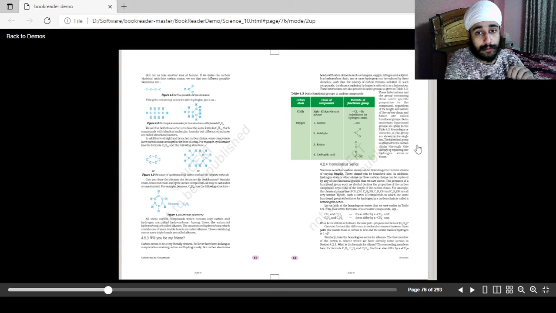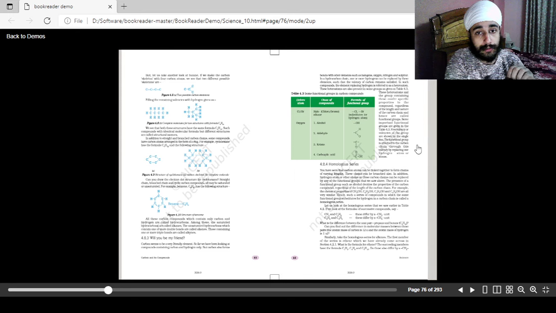Okay, now when we talk about the structures, there is a formula that is CnH. n is the successive number of carbons, that is 1, 2, 3, and so on, a positive integer.